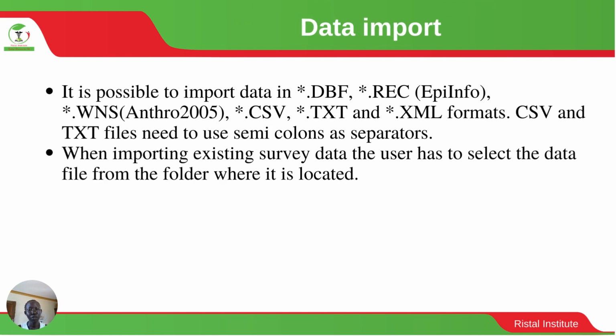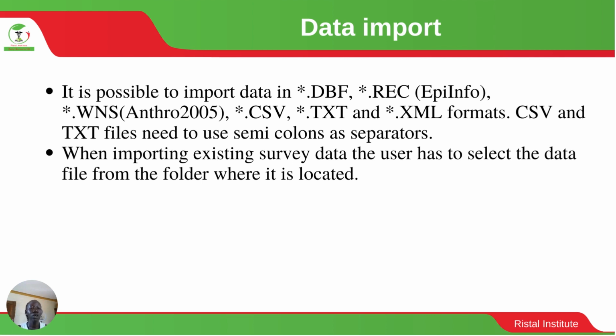Importing data. It is also possible to import data in DBF, RIC, that is Epi Info, WNS, that is Anthro 2005, CSV, TXT, and XML formats. The CSV and TXT files need to use semicolons as the separators.